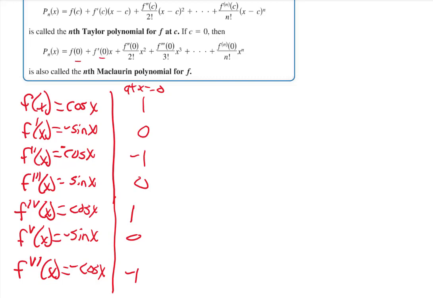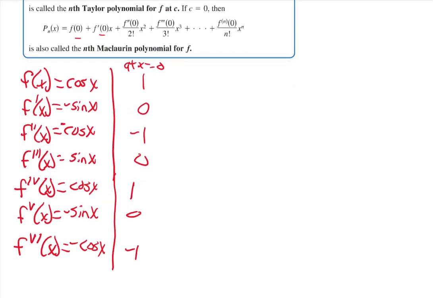So now if we start to write the polynomial out, it said to write out 2, 4, and 6. I'm just going to go ahead and write out the 6th one because I think you can see that it's just building on each one.